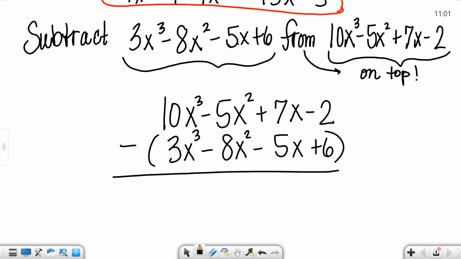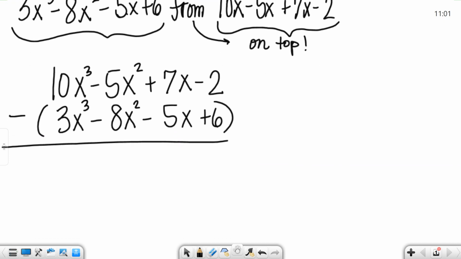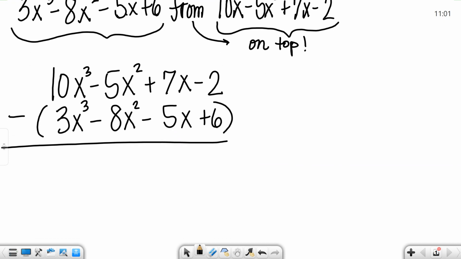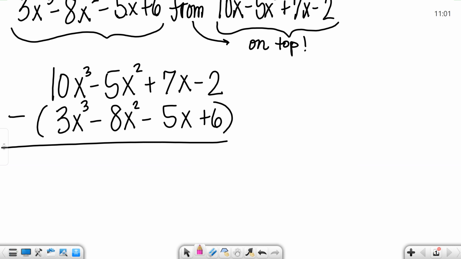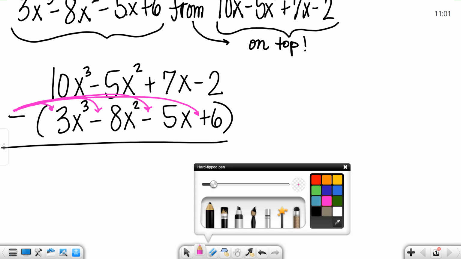For all of us, because I do want us all to show our work, that is something that I'm going to require. Our next step is this little negative that's sitting out here. We need to do the distributive property, which means we distribute the negative through the parentheses.